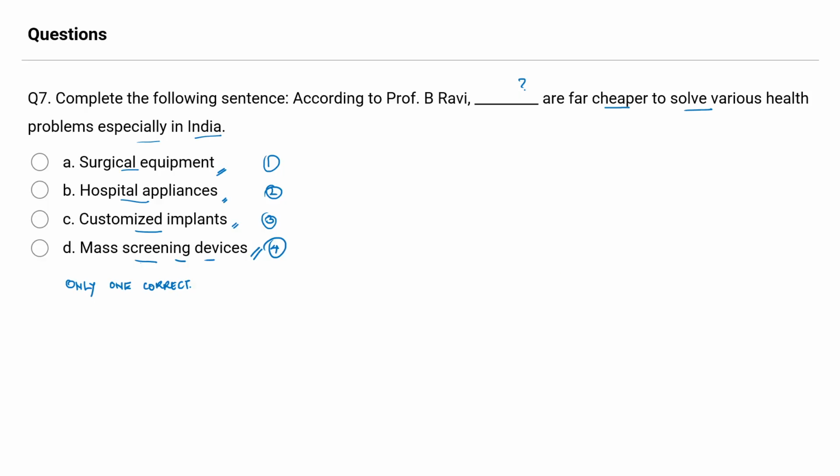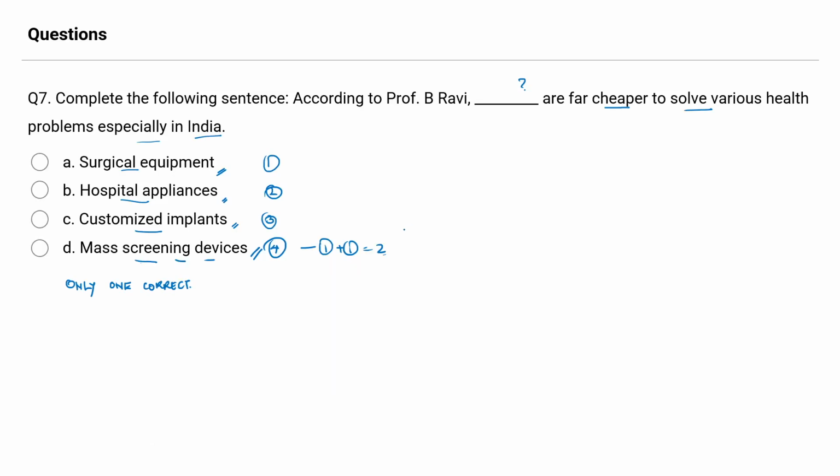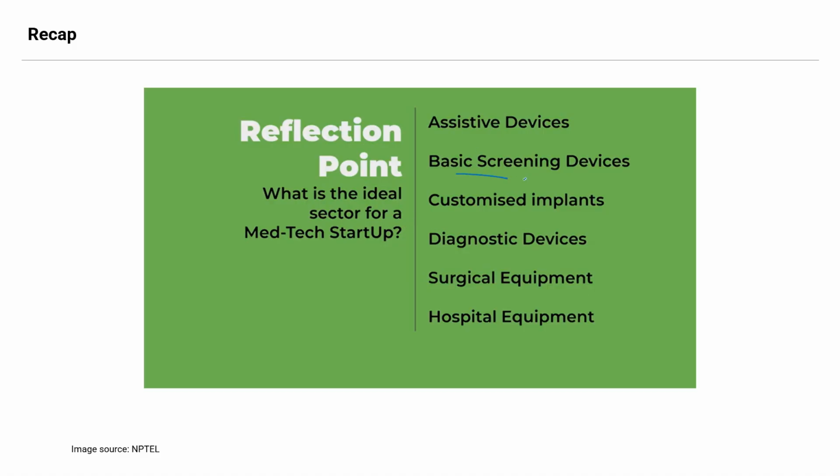So we've got two responses, and both are pertaining to option B. Okay, let's see the screen validation. All right. So reflection point. We've got basic screening devices because these are not very critical ones. Also, they are low on regulatory controls.